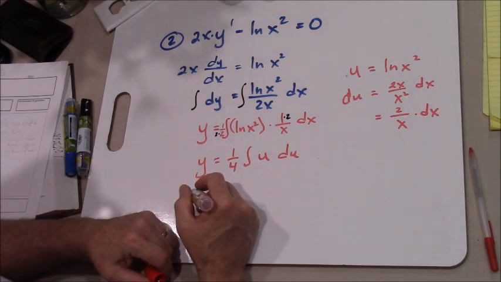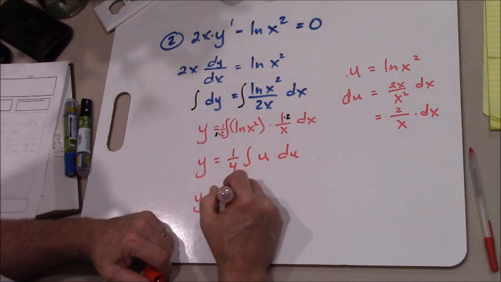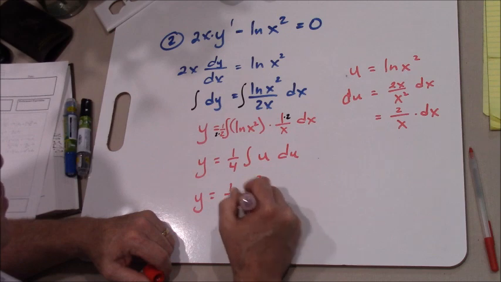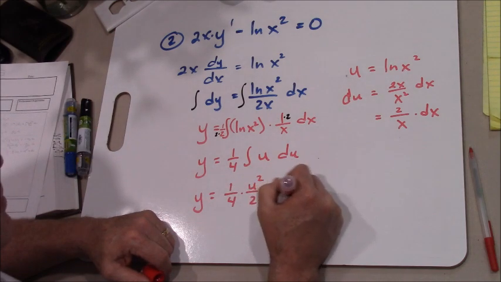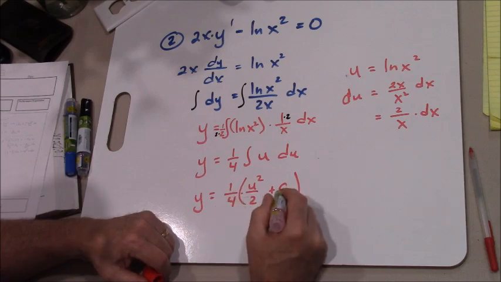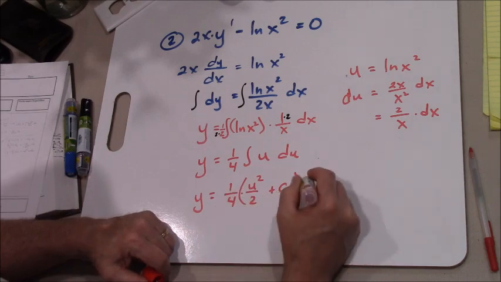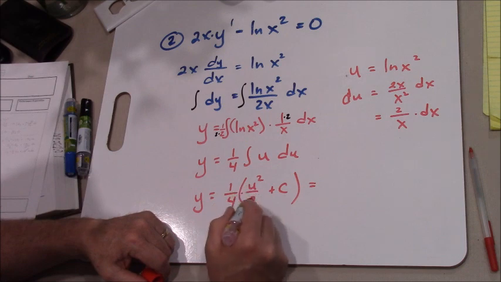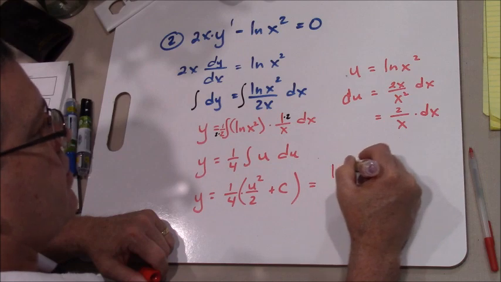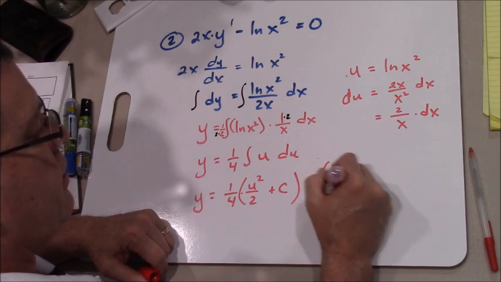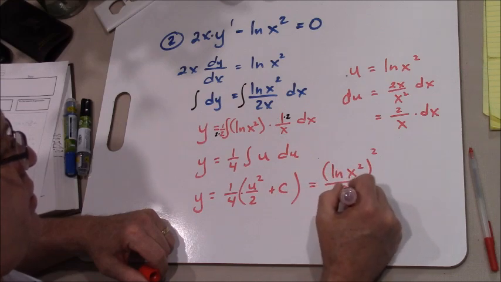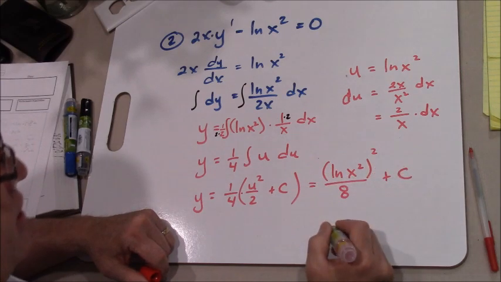And so y is going to equal 1/4 times, when I integrate this, u squared over 2 plus c. When I distribute that 1/4, this will still be c. So what I'm going to have is u squared over 8. And so u is the natural log of x squared. I've got to square that whole thing over 8 plus c.